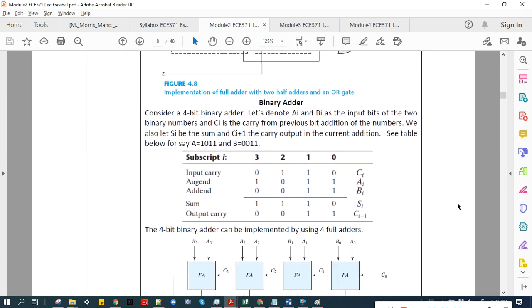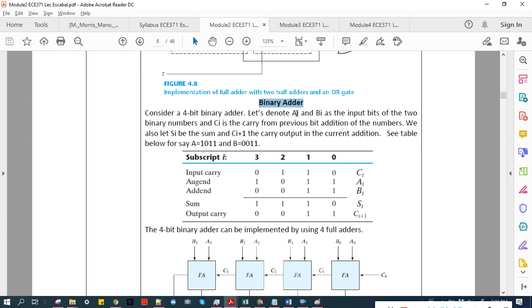Let's go to the binary adder. Consider a 4-bit binary adder. The binary adder is the more general adder we're going to use to add any number of bits. We can have a 4-bit adder, a 10-bit adder, in general an n-bit adder, where n is the number of bits.